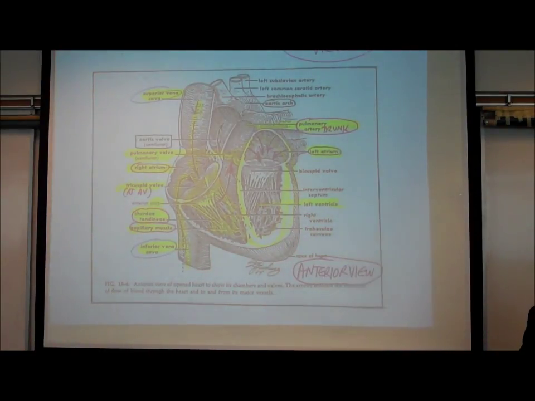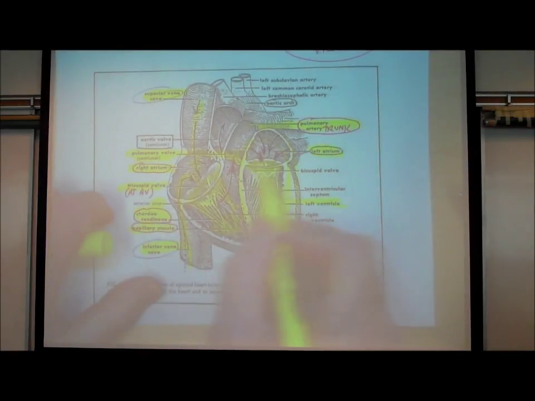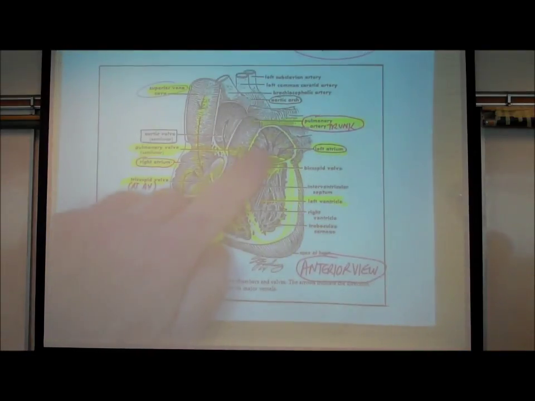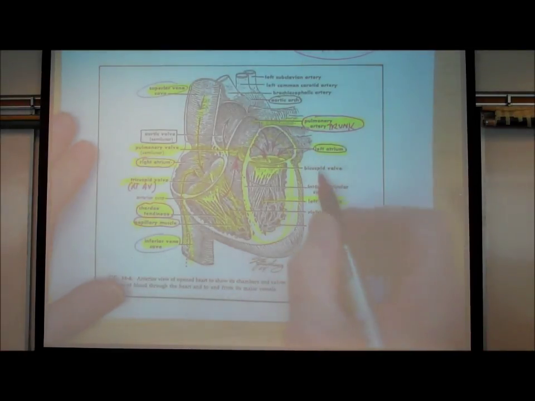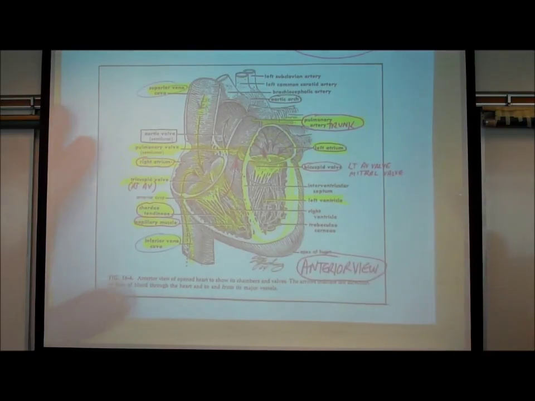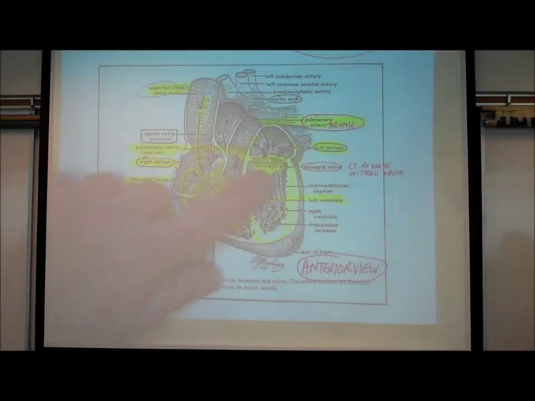Now, this valve right here is the valve between the left atrium and left ventricle. It goes by 3 names. It's called the bicuspid valve. It's also known as the left AV valve. This is written multiple places in your lecture outline. It's also known as the mitral valve. It controls the flow of blood between the left atrium and left ventricle.